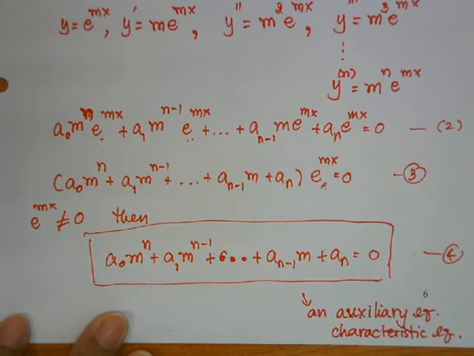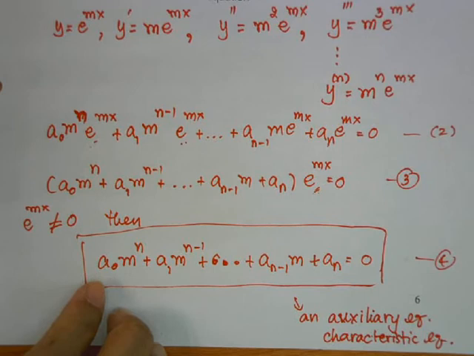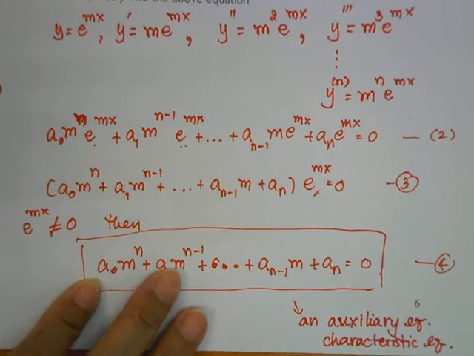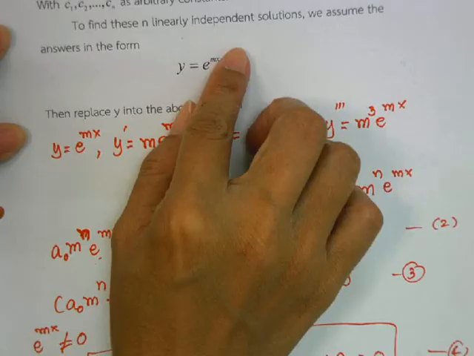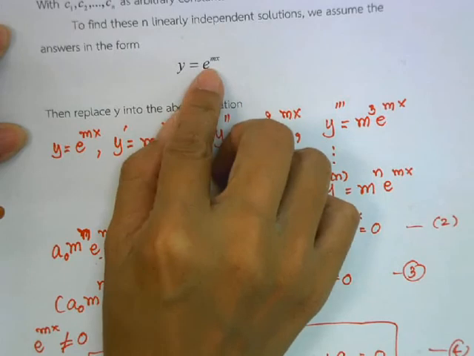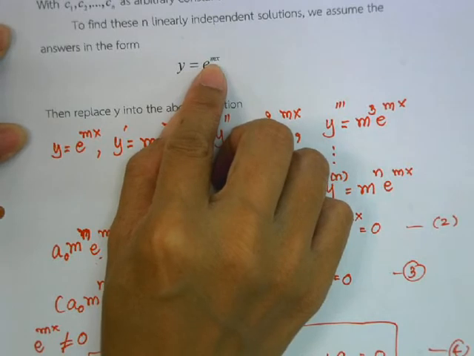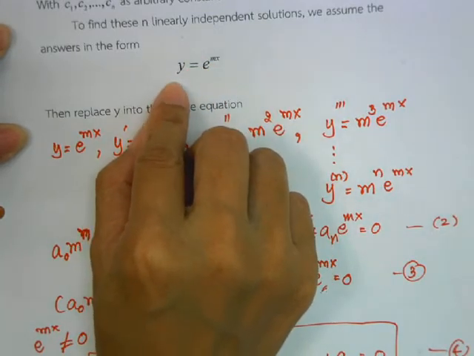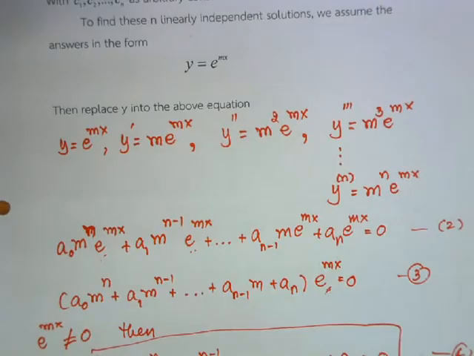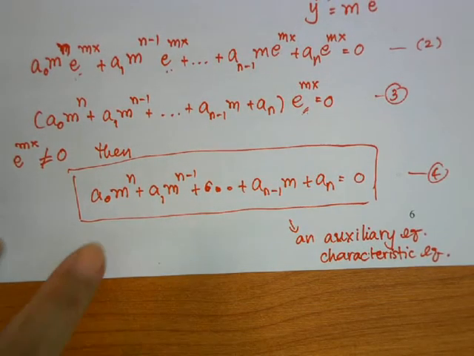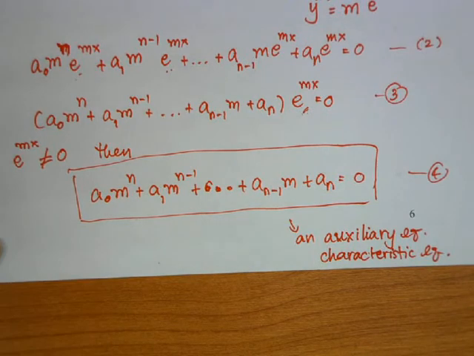How many values of m should we be able to find from this equation? n values. Because y is exponential of mx, that gives n terms of y. So the characteristic equation leads us to the n solutions of y.